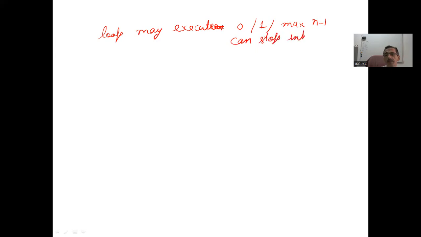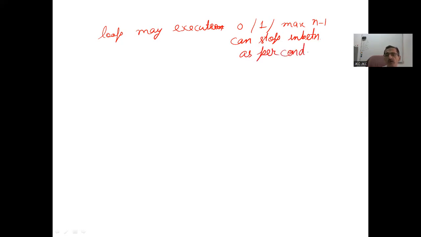On the other hand, say the loop may execute 0 times or 1 time or a maximum of n minus 1 times, and can stop in between based on a condition.